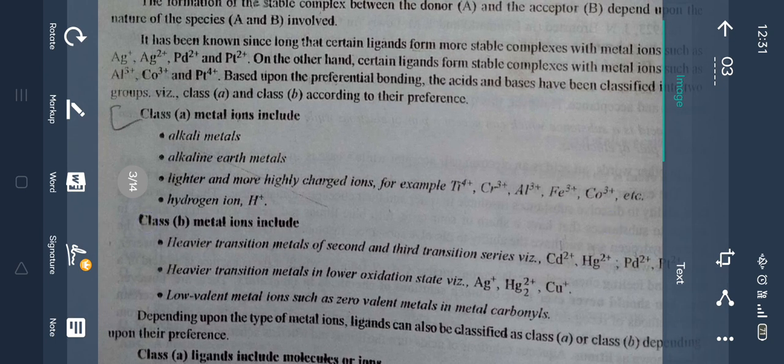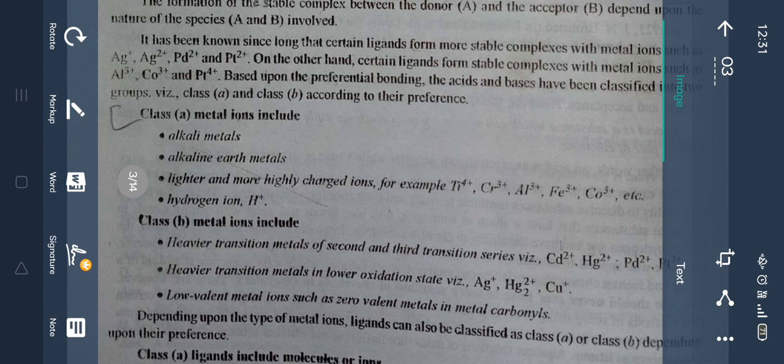Class A metal ions include alkali metals, alkaline earth metals, and lighter, more highly charged ions, for example Ti4+, Cr3+, Al3+, Fe3+, and Co3+, etc. Hydrogen ion H+ is also included.